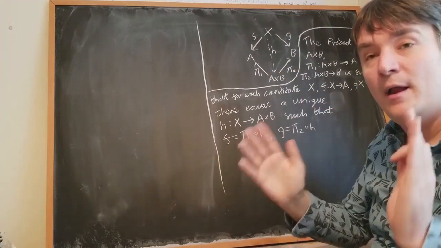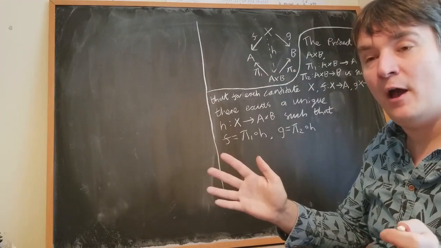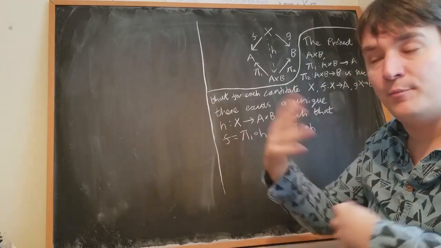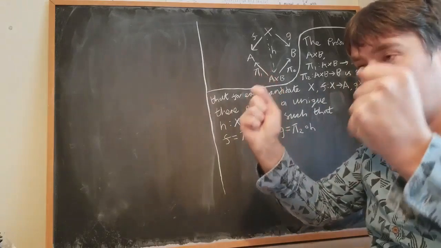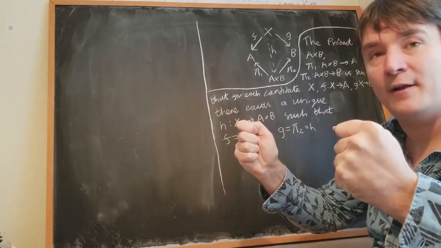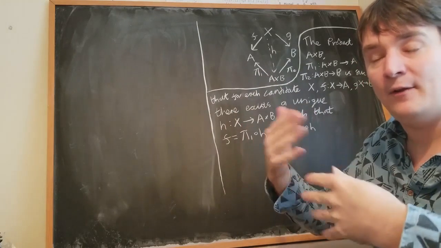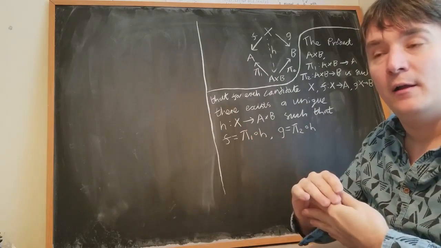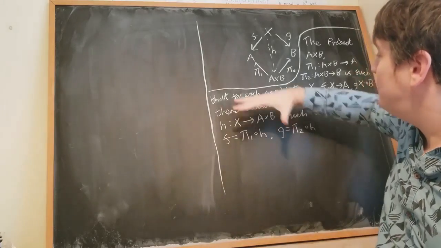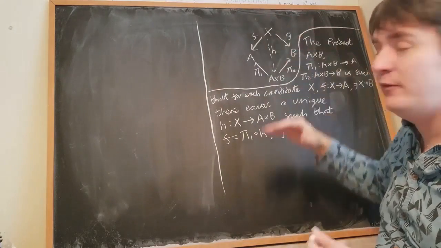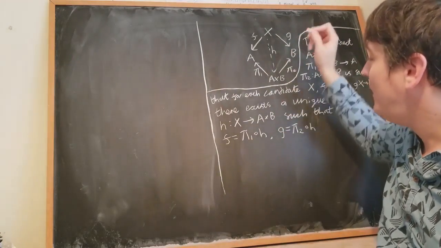Okay, so now to get this idea of a coproduct, the coproduct of a pair of objects in a category is just the product in the opposite category. So what we're going to do is just reverse all the directions of the arrows in this picture.